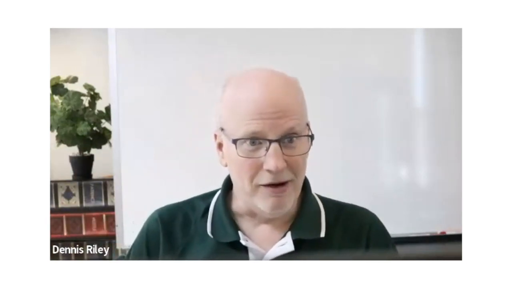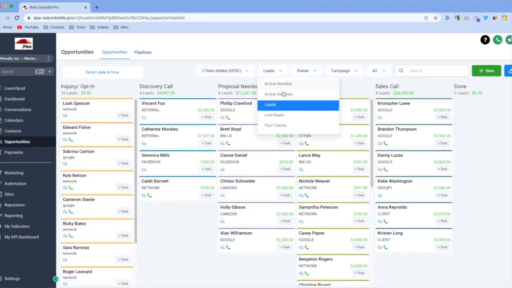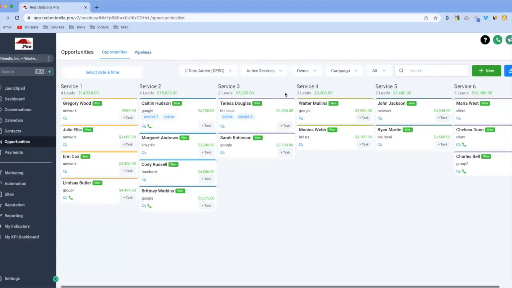If there are 5 different services, you have 5 different slots in the active pipeline. It really is a company's client journey. However many services that client has, that should be each step in the pipeline.